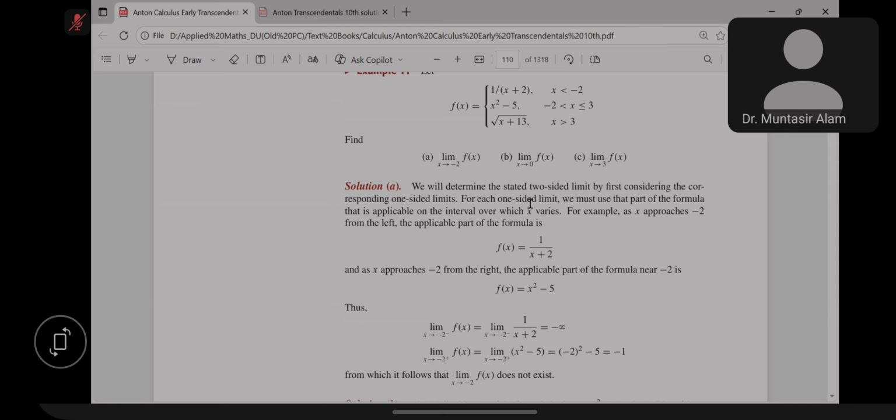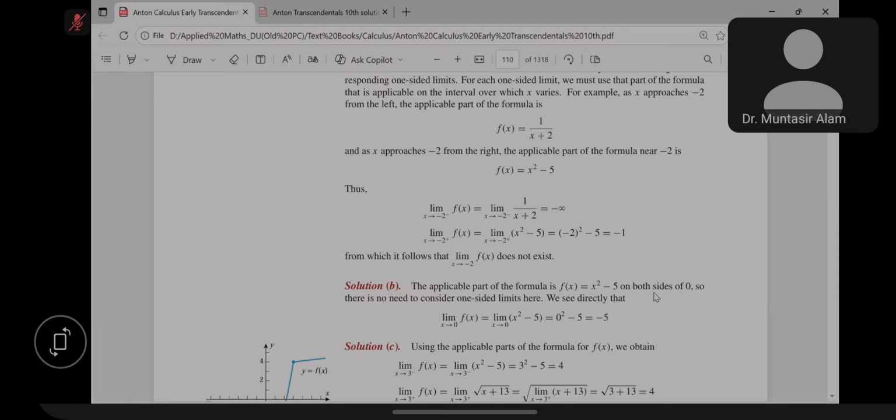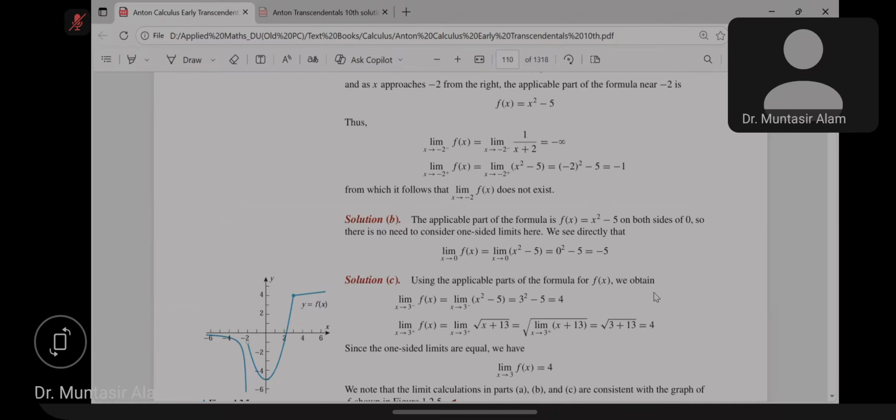So we can easily replace the value of x by -2 and calculate. The limiting value is now -1. That means the left hand limit is -infinity and the right hand limit is -1. That means the limit does not exist as x approaches -2. Is that clear? Yes, sir.